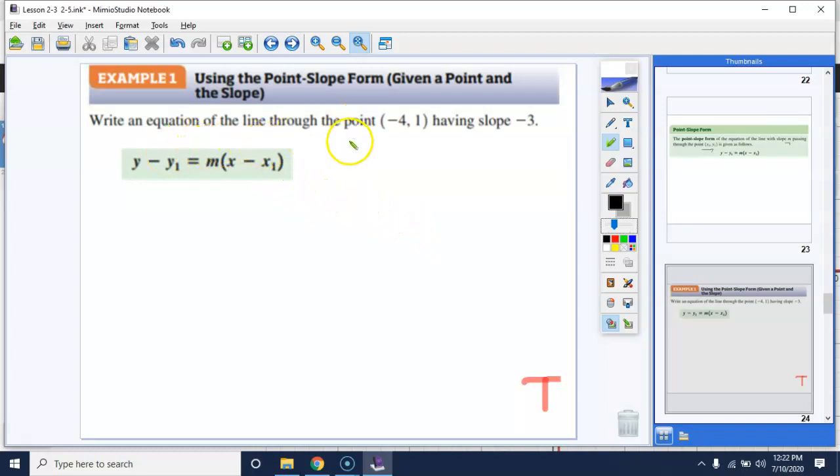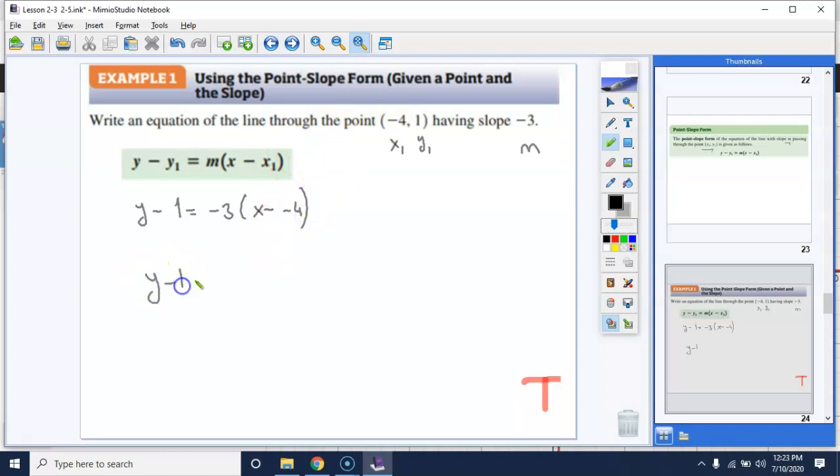Write an equation of the line through the point (-4, 1) and having slope -3. That's my ordered pair, so this is x1 and y1, and my slope is m. Let's write them in point-slope form: y minus y1, which is 1, equals m, which is -3, times x minus x1, which is -4.